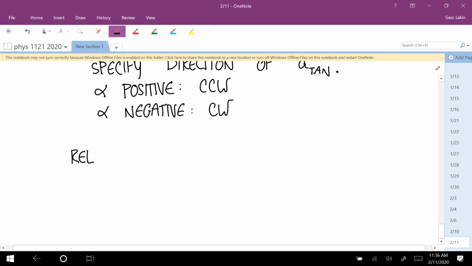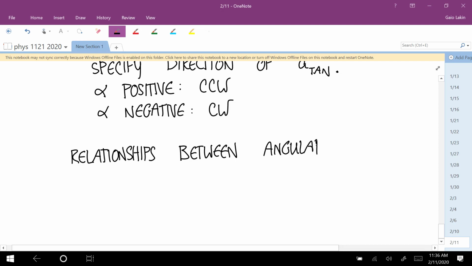These are the relationships between angular quantities and the magnitudes of translational quantities.